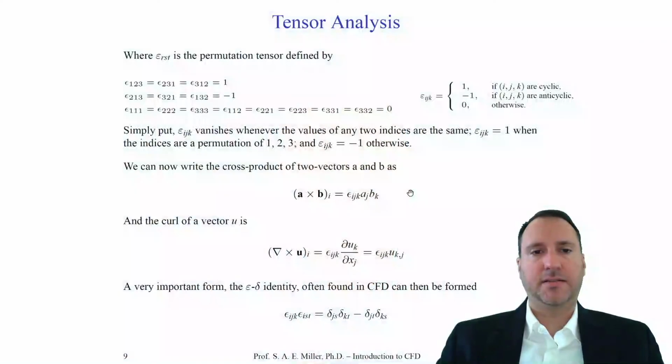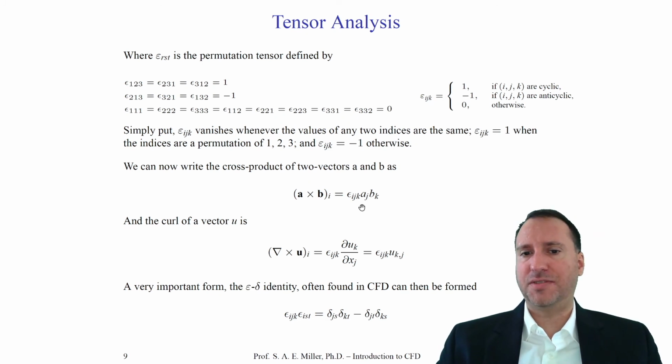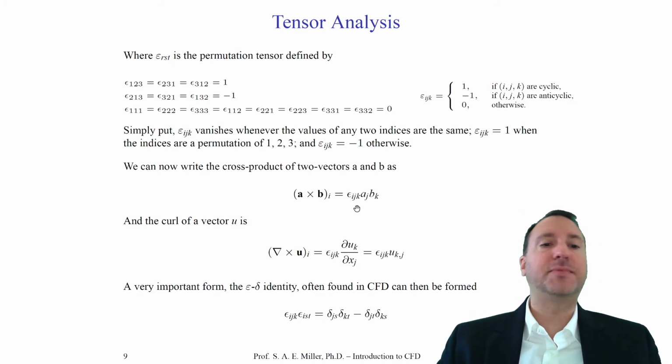This means we can now write the cross product in a simple way between 2 vectors A and B. Here A and B are 2 particular vectors, and we've written the cross product in its typical form with sub i. What does this mean? We can expand this out and write it more compactly. It might seem more complicated at first, but you'll see the value of this later on in the class, I hope, as a permutation tensor of ijk times aj times bk.